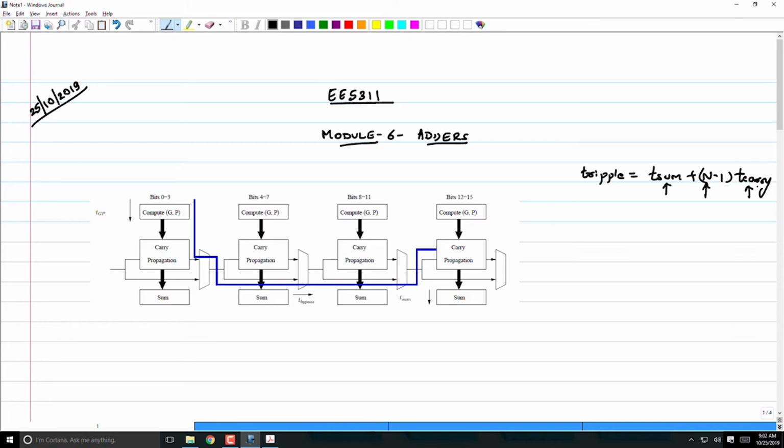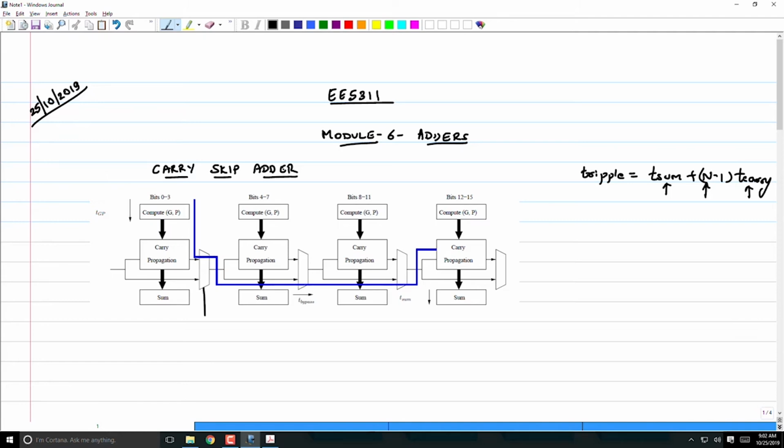And in that pursuit, we discussed the first adder called the carry skip adder. The idea of a carry skip adder was to simply bypass all the full adders in a single stage if all the propagates are 1.